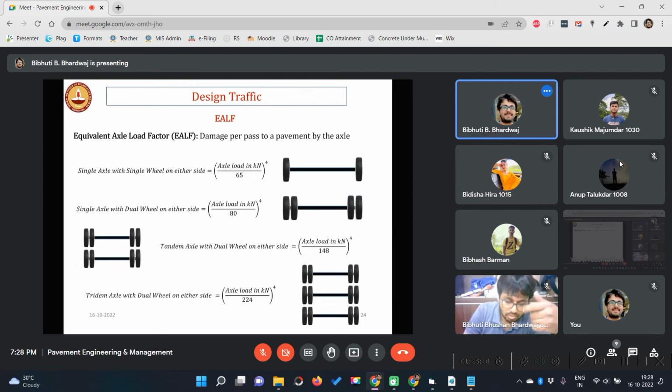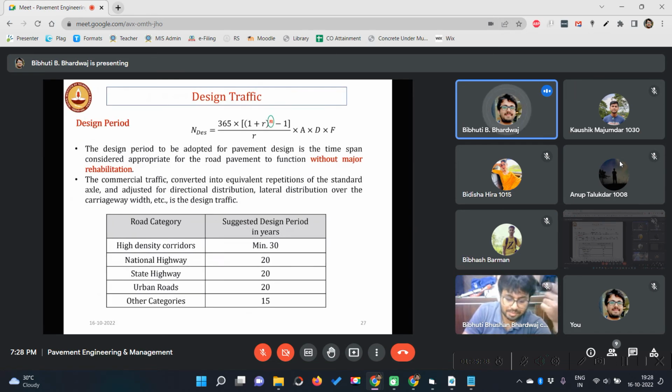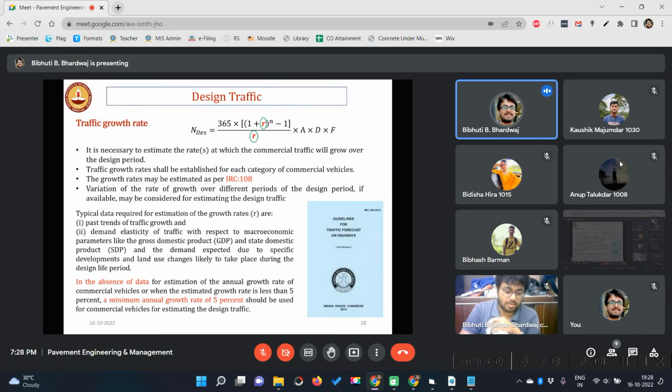So what is equivalent axle load factor? That also we assume, why it is to the power 4, that we also discussed. We solved this numerical. What is design period for different category of roads? The design period is different, right? What is R? If nothing is given, what should be the value of R?